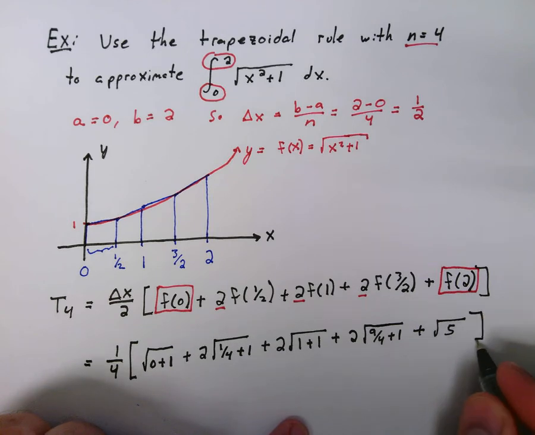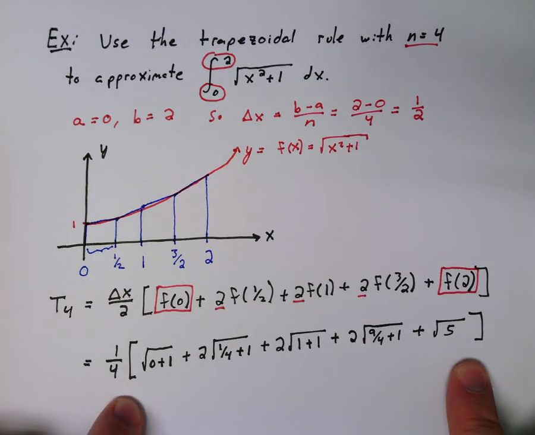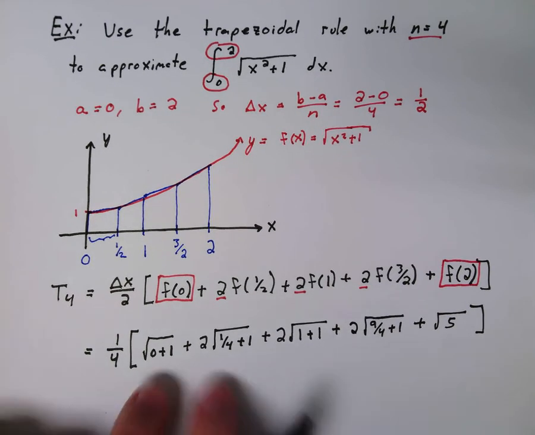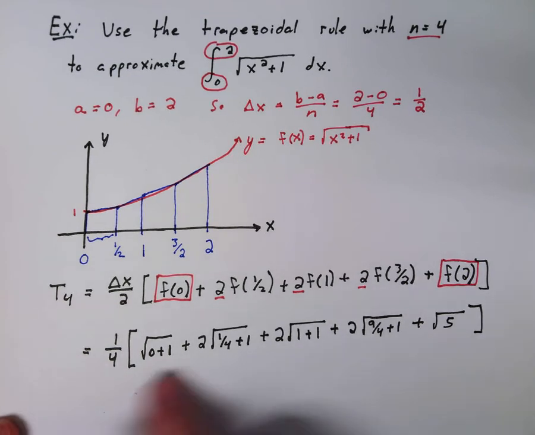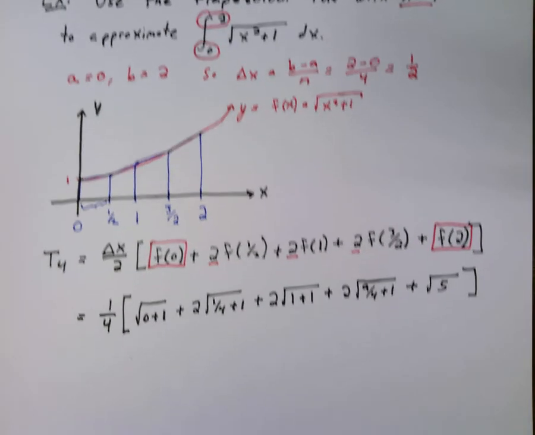Now the thing about these approximations is you cannot approximate until the last step. I mean, you're approximating now, but you don't want to put any decimals until the very, very last step.